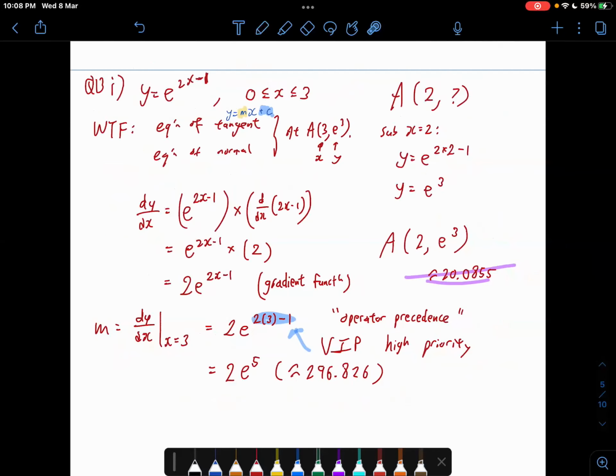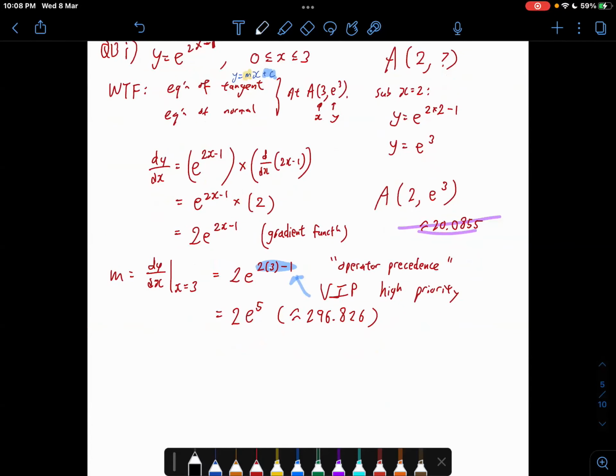So what's next? How to find the equation of the tangent? What's the formula we know?